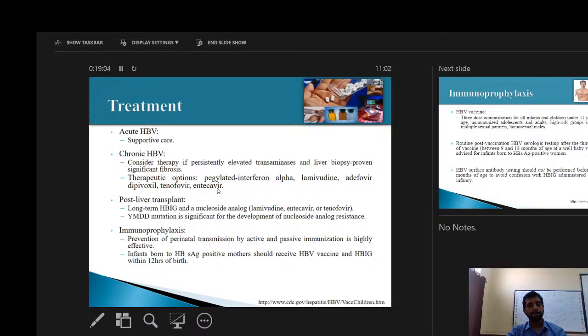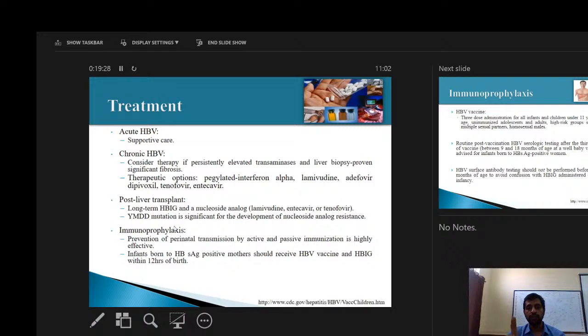Okay. So coming to this, this is medical treatment. Now if you have hepatitis and cirrhosis, the patient's liver is totally damaged. What will you do? You go for liver transplantation. Even post liver transplantation, the patient may still have the virus. You can continue to treat with nucleoside inhibitors.